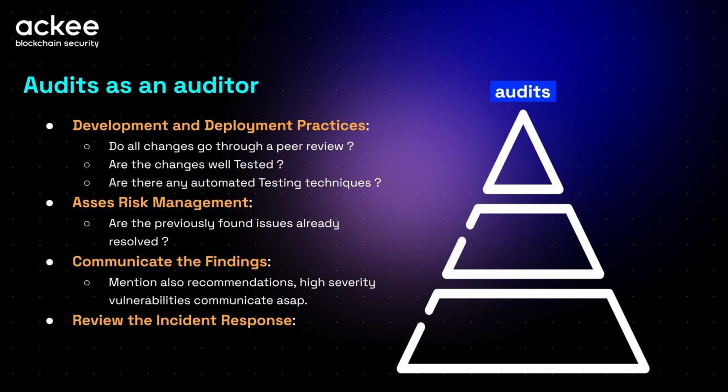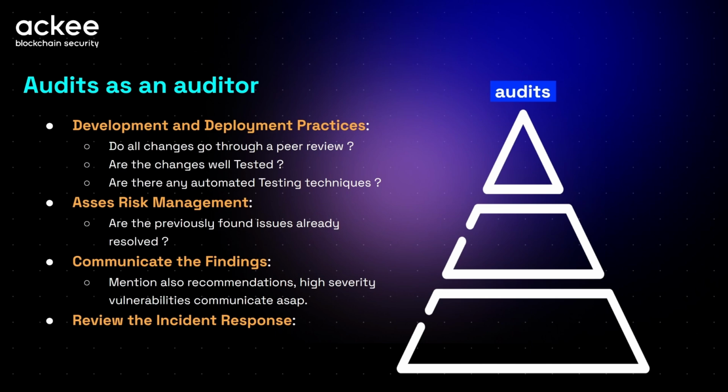And what is also important, review the incident response. As I was talking about, you should test the blue team. In this case, we need to know as auditors how the team actually monitors the protocol, and how the team can actually detect any security issues.